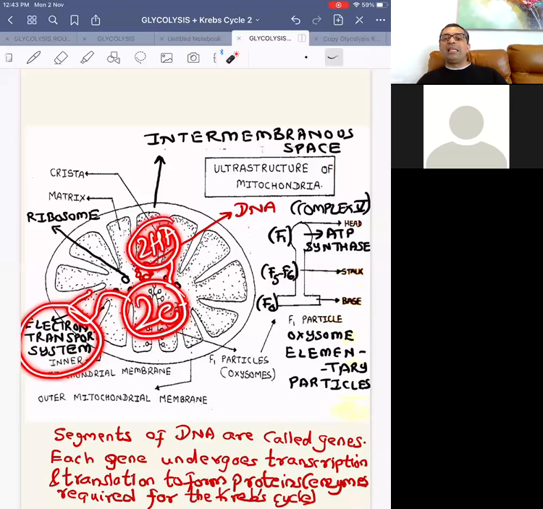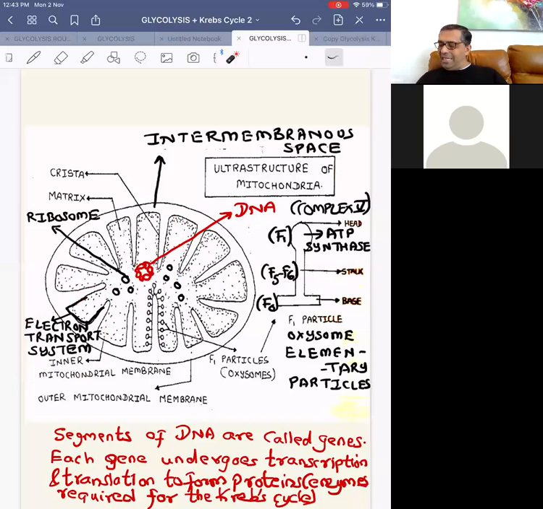The electron transport system consists of some names I said: cytochrome B, cytochrome C1, cytochrome C, cytochrome A, cytochrome A3. So once again, cytochrome B, C1, C, A, A3.